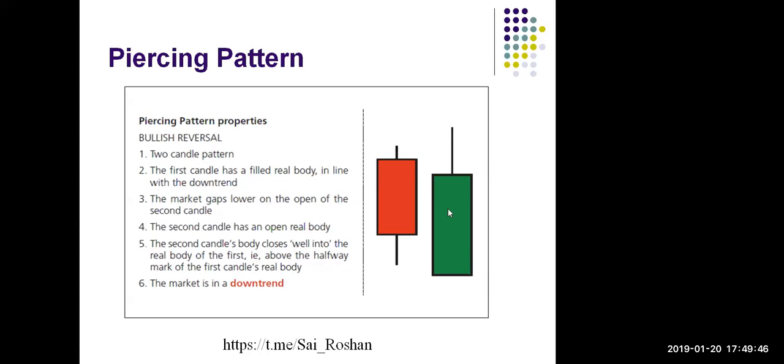Okay, so that indicates that the bulls are now in full strength, so they are piercing, they are trying to take over the bears. And same rules, it's a 2 candle pattern. Wicks do not matter again. Second candle's body should close well into, it should be above the half of the first candle.